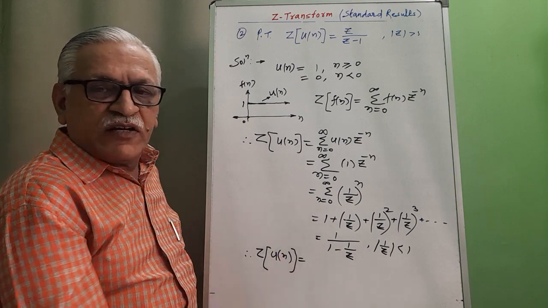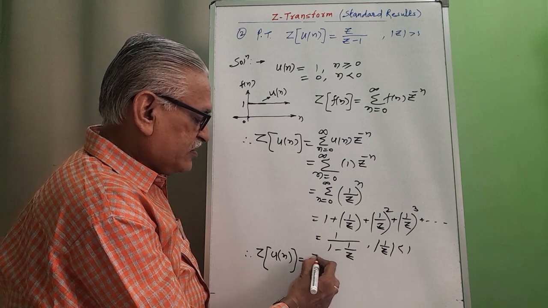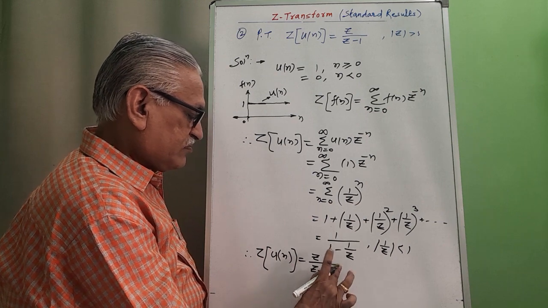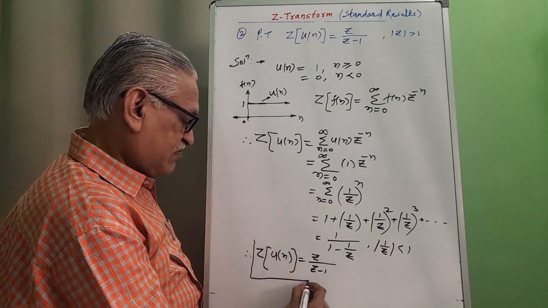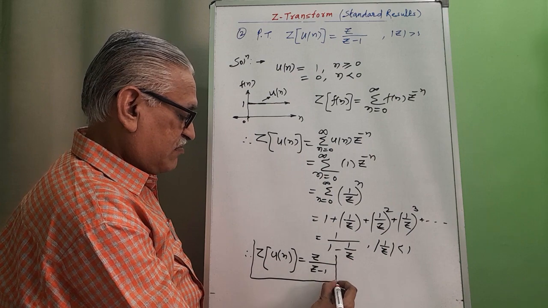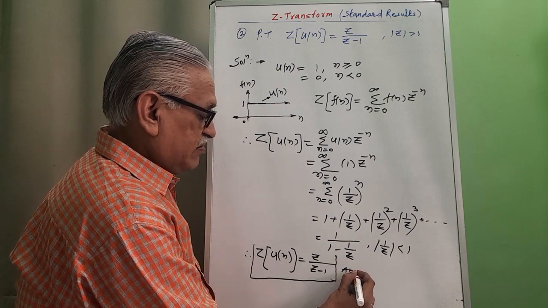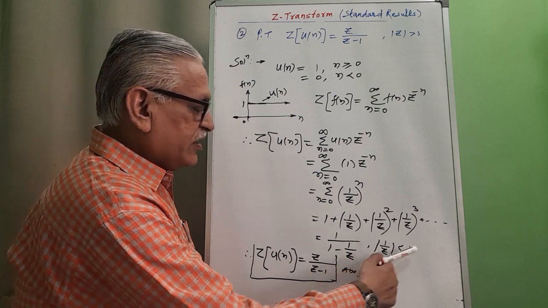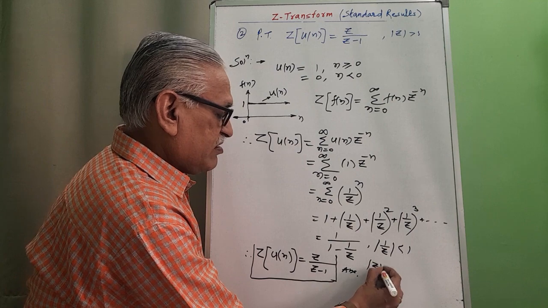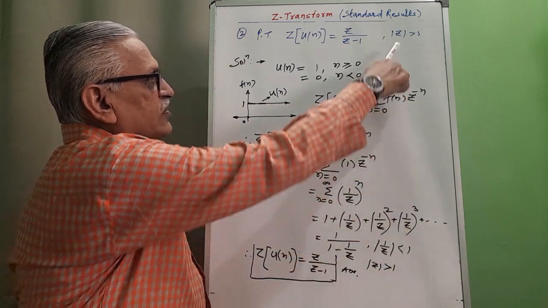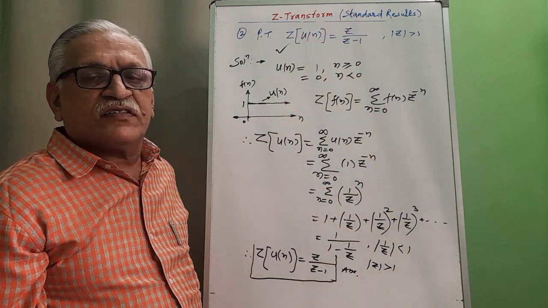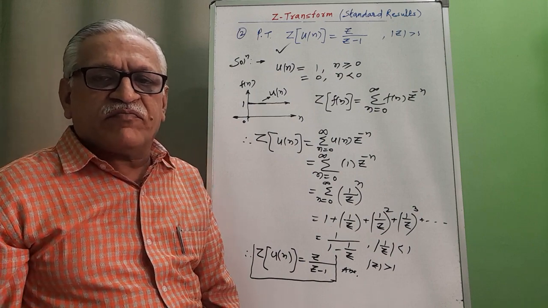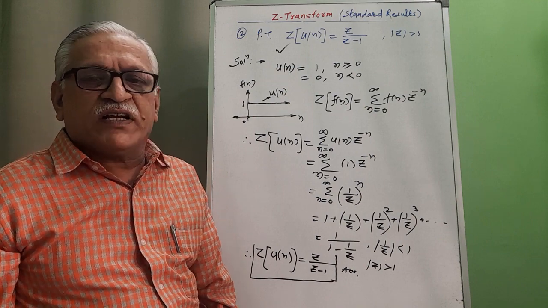Cross multiplying it by z, we get z upon z minus 1 as the required Z transform or answer, and the condition is mod of z greater than 1. We get the required result. Hence proved. In my next video, I will discuss the remaining standard results of Z transform.